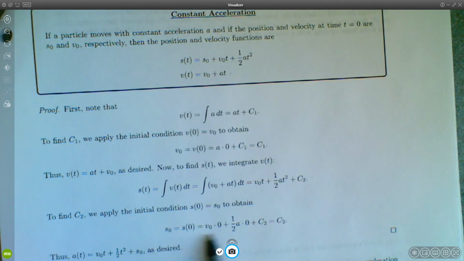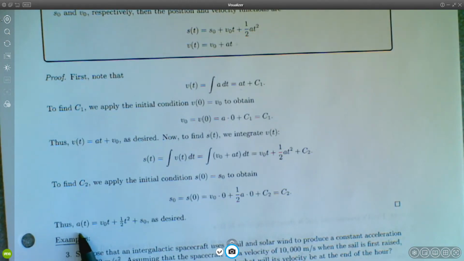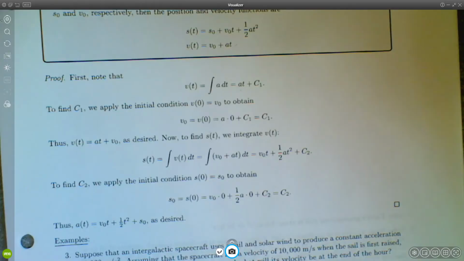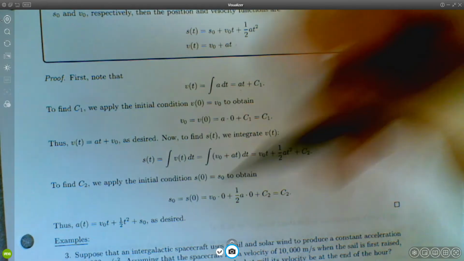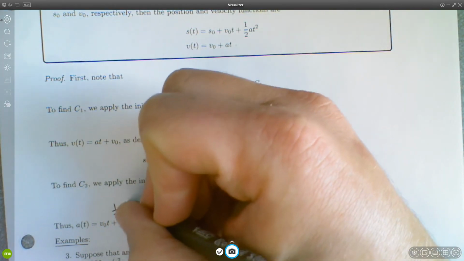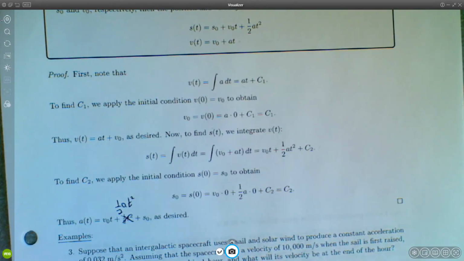So we apply that initial condition to discover that c2 equals the initial position, and that's how we get the position function. So this is true regardless of, hold on, I'm missing an a here, at squared. But this is true regardless of what the acceleration is.